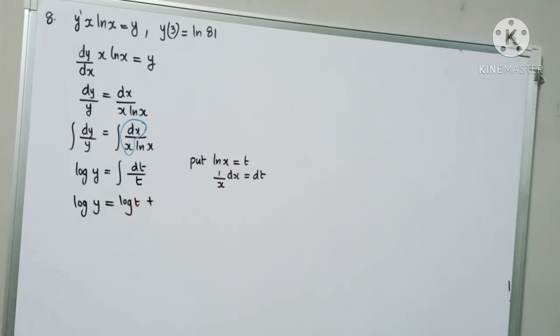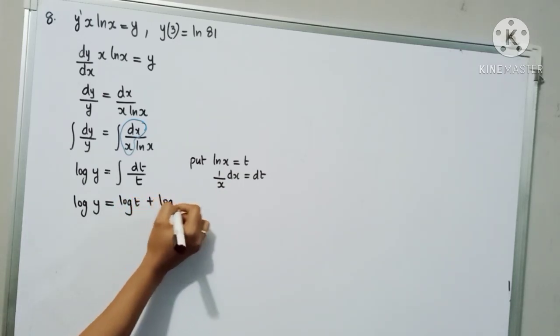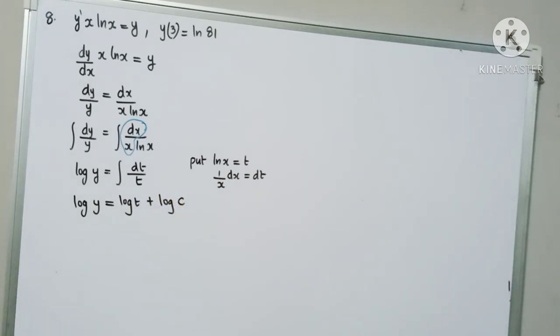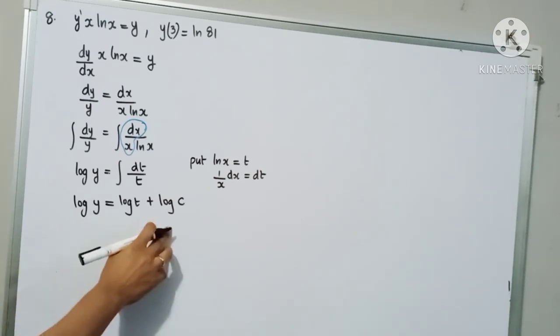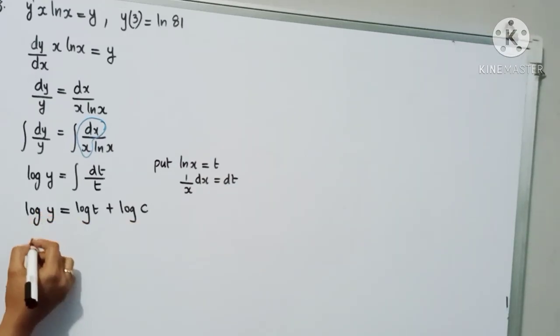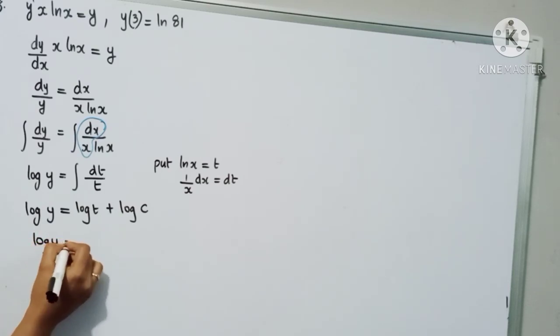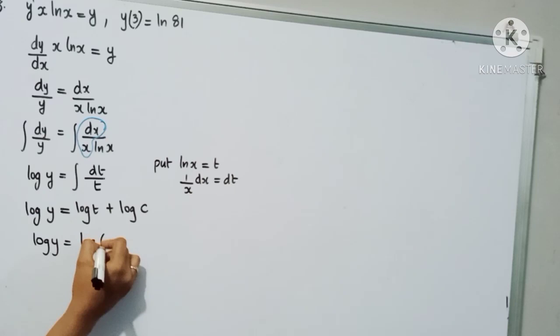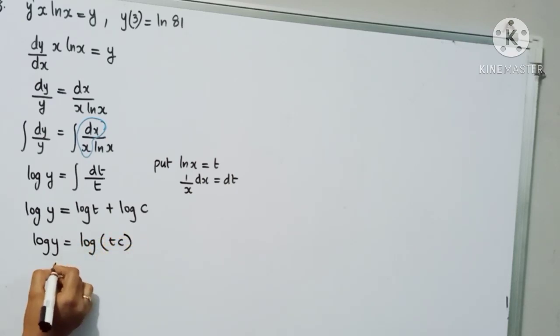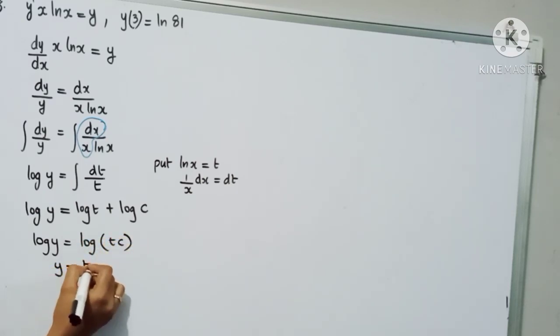Instead of c you can put log c, since c and log c are both constants. Better here as log c. So log y = log(tc), so y = tc. Now substitute t = ln x: y = c ln x.